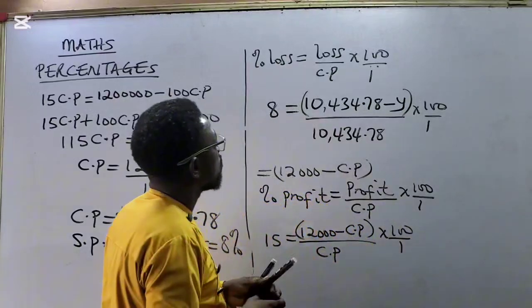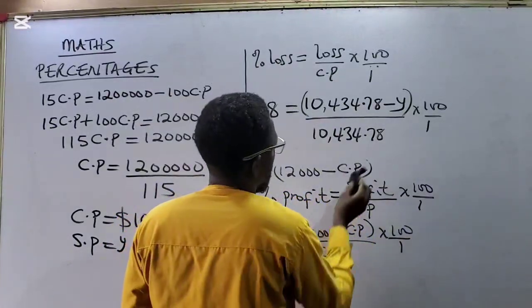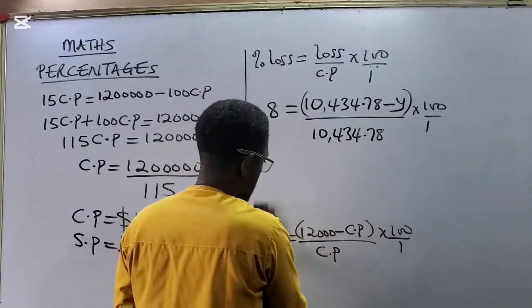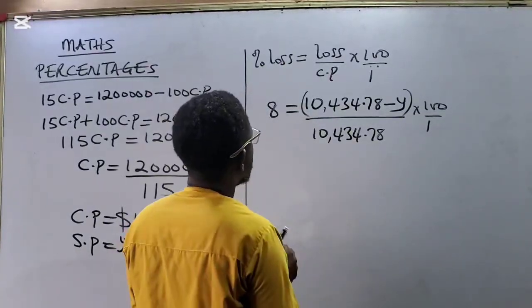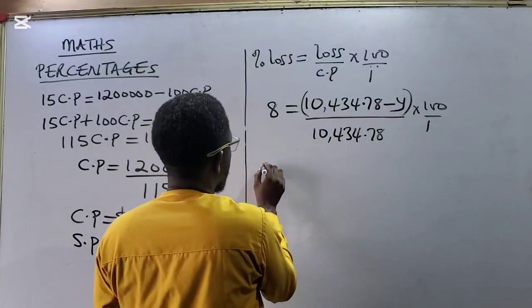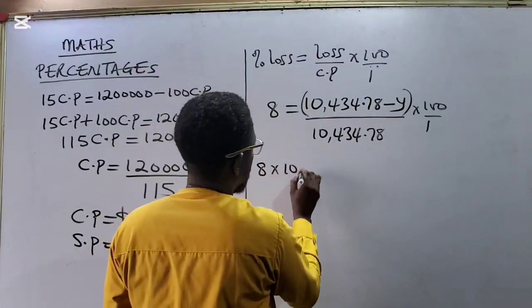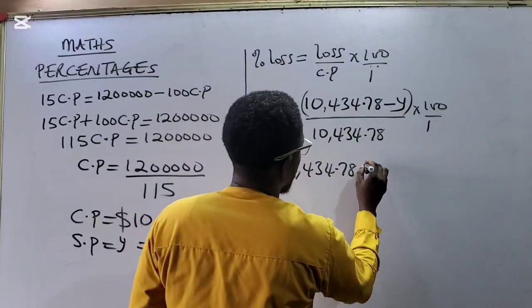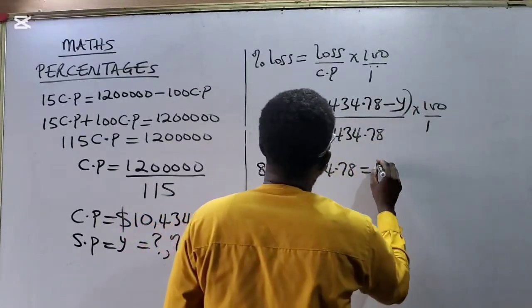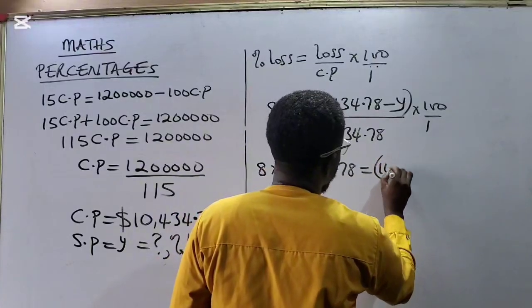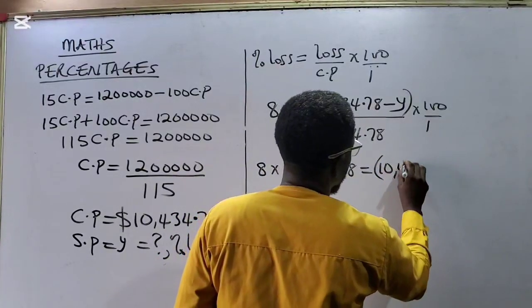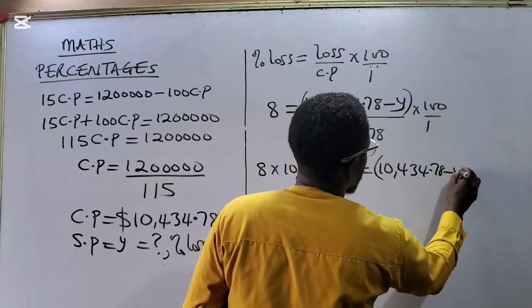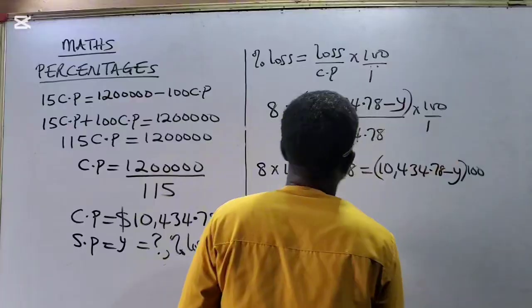So at this point, I'll cross multiply. We have 8 times 10,434.78 equals 10,434.78 minus Y times 100.